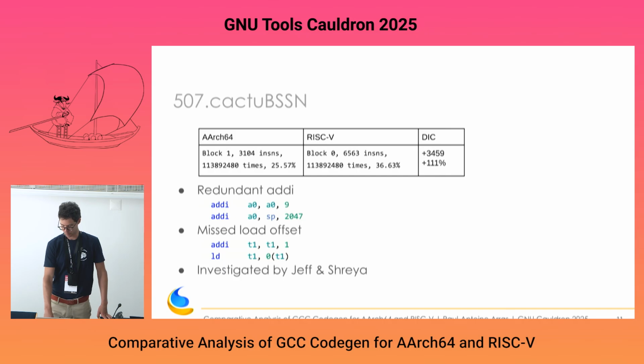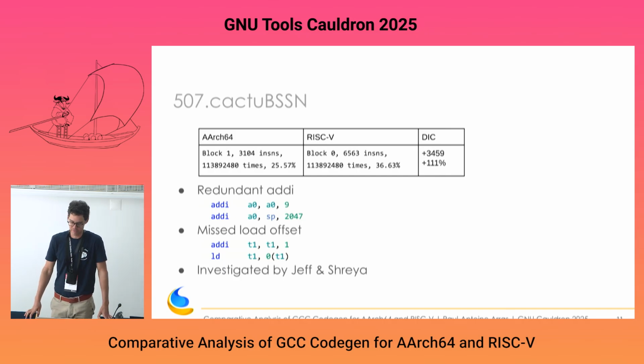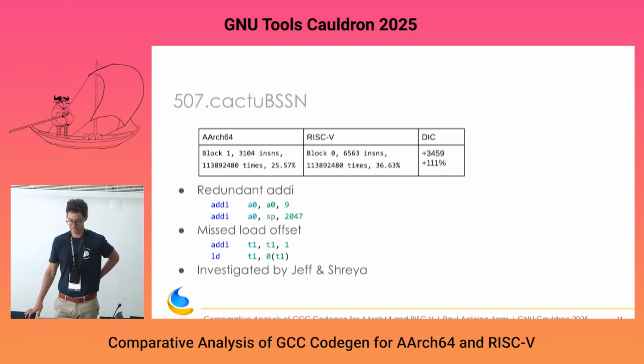So I did some work, but actually what I found was that in the Alpha scheduler there is a feature that allows replacing some operands between instructions, and that replacement operation would leave the first addI without removing it.